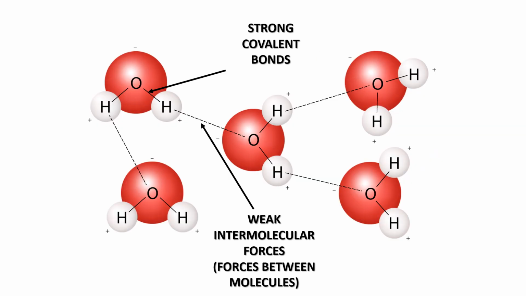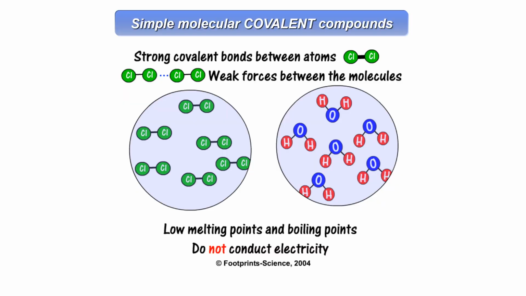So here you can see weak intermolecular forces, but strong covalent bonds. Please try to remember that. That becomes important. So simple molecular covalent compounds have strong covalent bonds between atoms, but weak forces between molecules, giving them low melting points and boiling points, and meaning that their state of matter at room temperature is often liquid or gas.